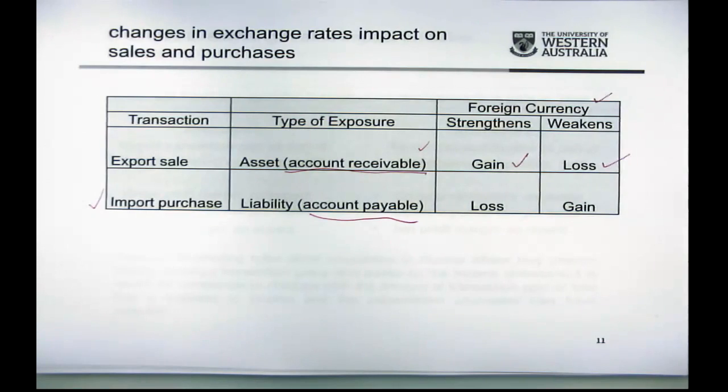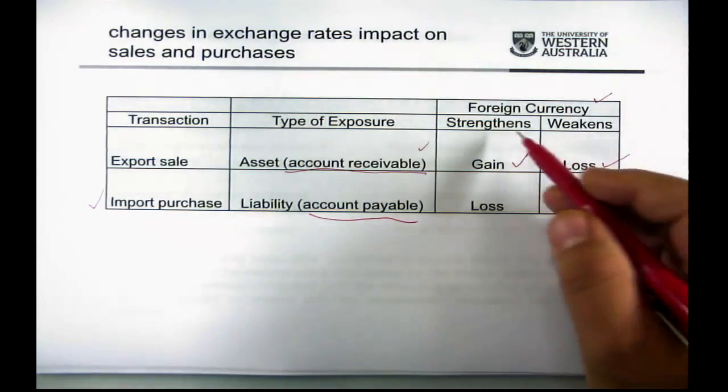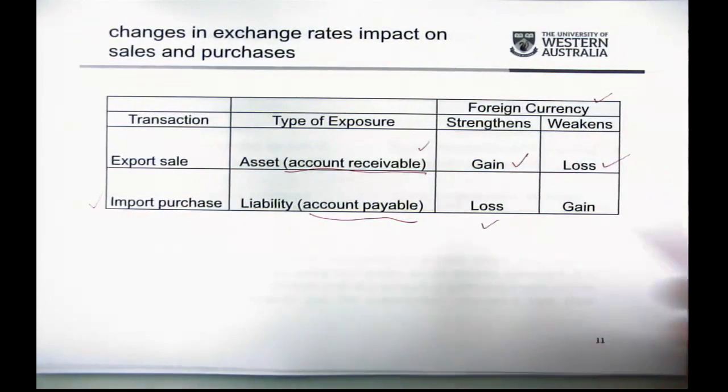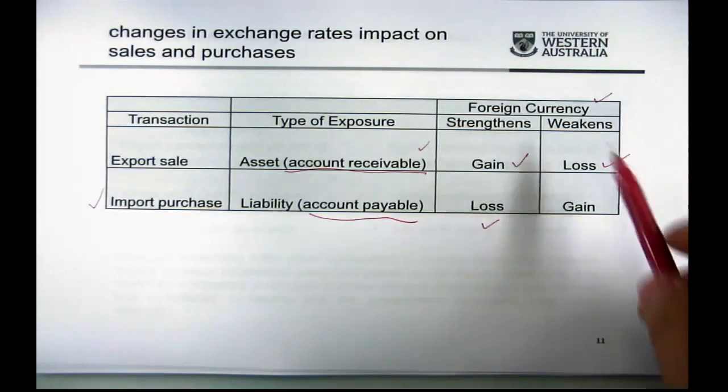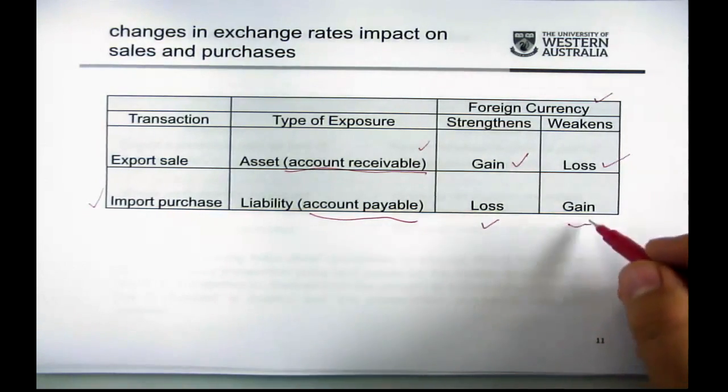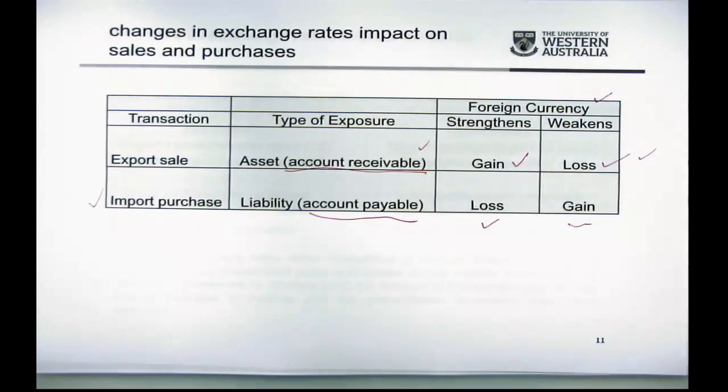And if the foreign currency strengthens, in this case, you lose money because you have to pay more local currency to buy the same quantity of the foreign currency. Make sense? And if the foreign currency weakens, you gain money. So the opposite of this situation. Make sense? Okay.